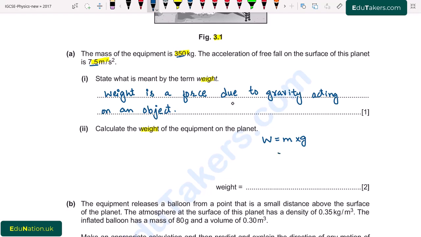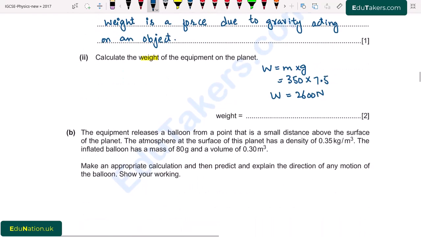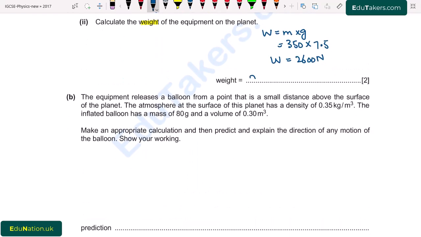So mass is given, whose value is 350, multiplied by the free fall acceleration, 7.5 meters per second squared. So the value of weight comes to be 2600 Newtons. I write here, 2600 Newtons.